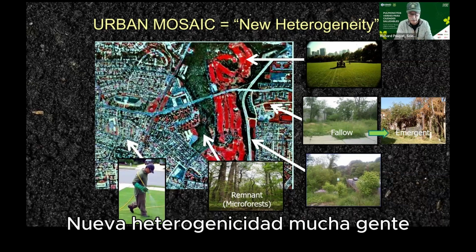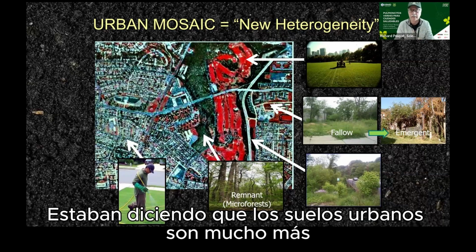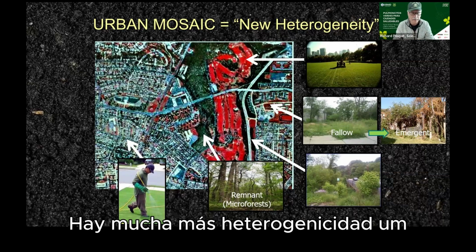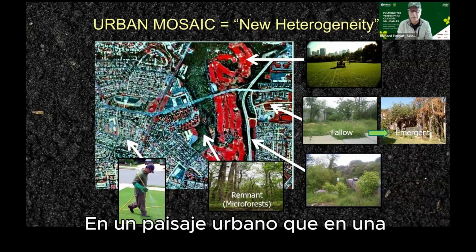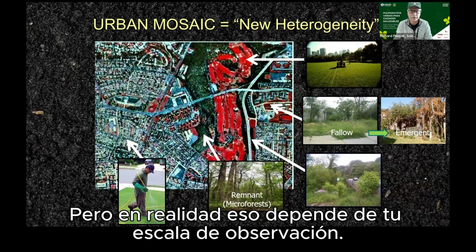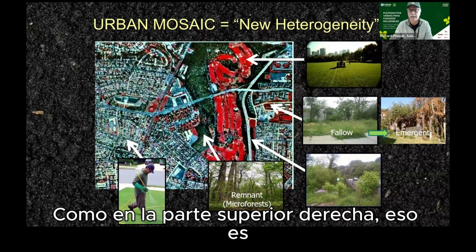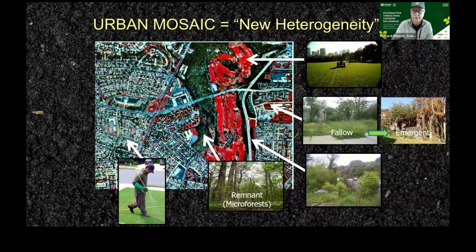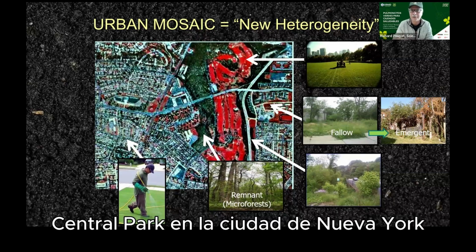And a lot of people were saying that urban soils have way more heterogeneity in an urban landscape than there is in a non-urban landscape. But actually, that depends on your scale of observation. You can actually have, like in the upper right-hand side there, that's Central Park in New York City.